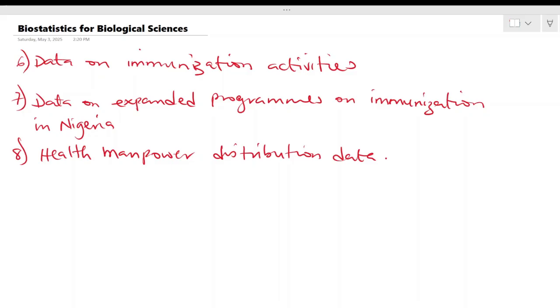So that's basically the types of data we see in biological and medical sciences.